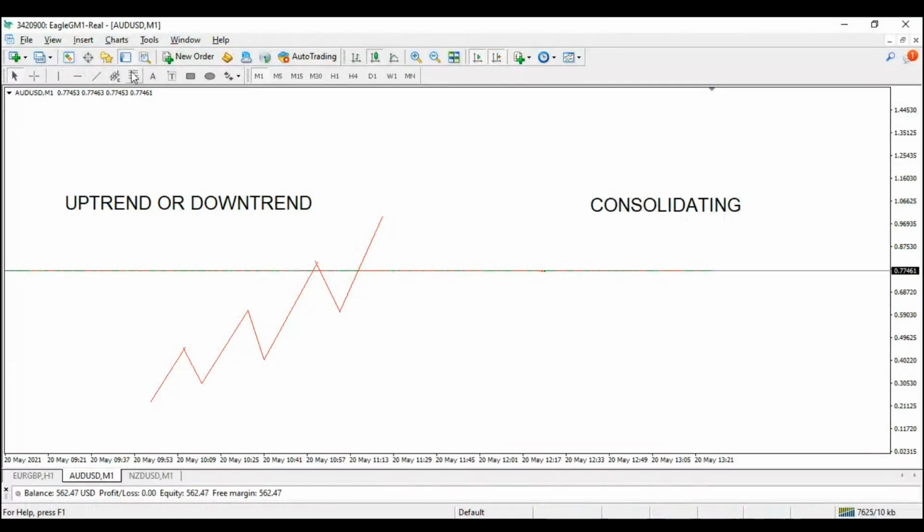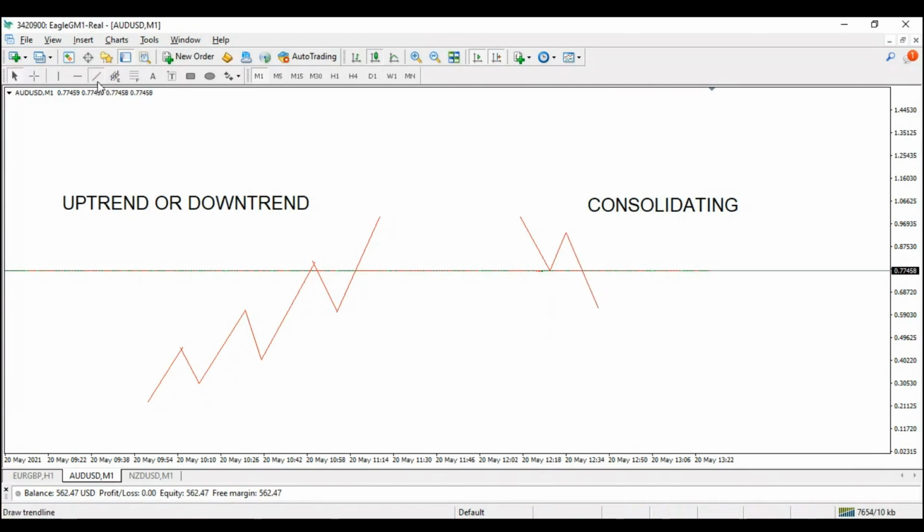An uptrend consists of a series of higher highs, these areas right here, and higher lows. While a downtrend consists of lower highs and lower lows. An uptrend: higher highs and higher lows. A downtrend: lower highs and lower lows.